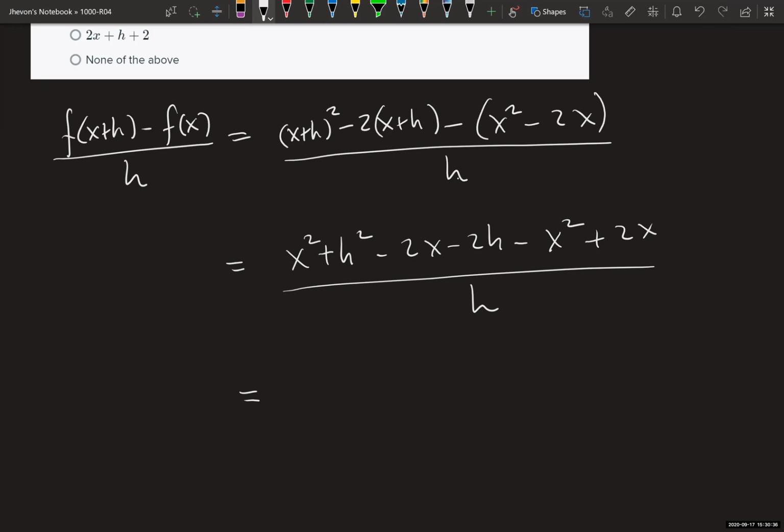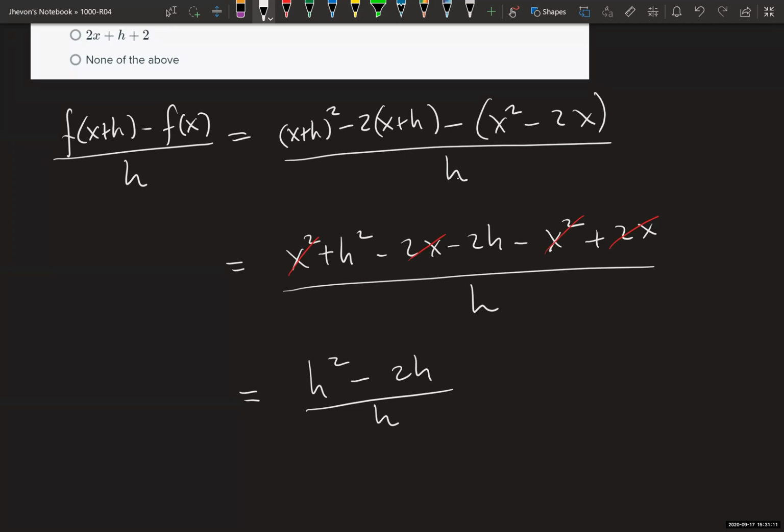Like the x squared, you would subtract the x squared further down in the numerator, and that would just be 0, and then you would have h squared minus 2h over h, pretty much, is what you're left with. So I would cancel these, and I would have h squared minus 2h over h.